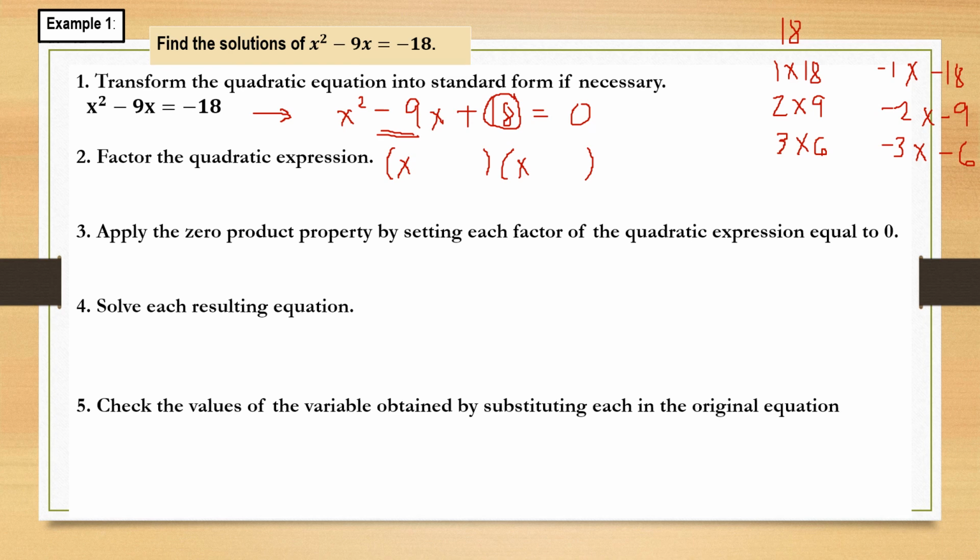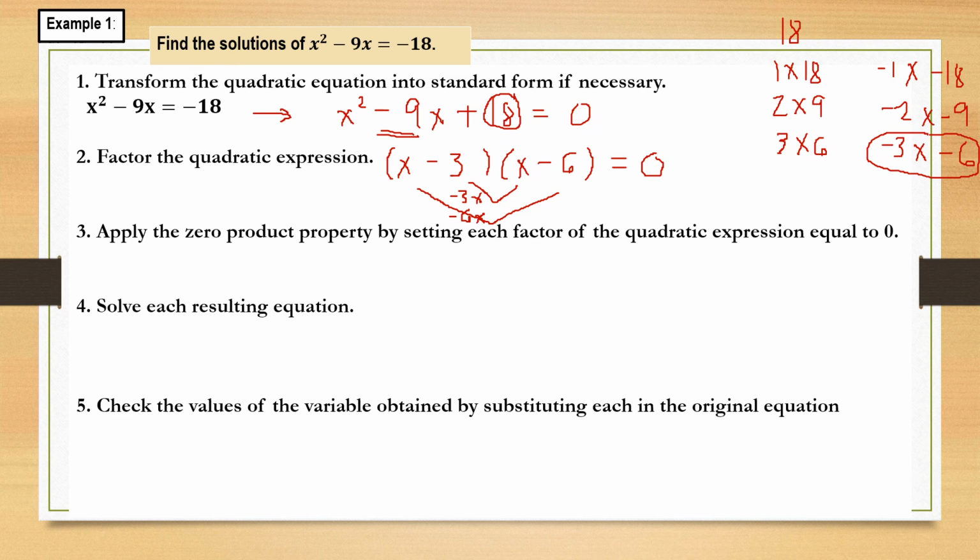That will be negative 3 and negative 6. Let's check negative 3x plus negative 6x. The sum is negative 9x, which is equal to the middle term.